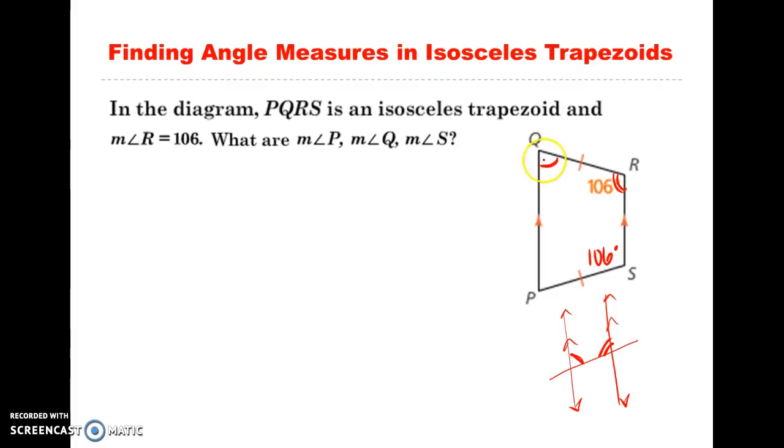So that would mean whatever angle Q is, it's supplementary to 106. So I know that supplementary means 180. So 180 minus 106 is going to give me 74 degrees. So I know right away that angle Q is 74 degrees, which also means angle P is 74 degrees.